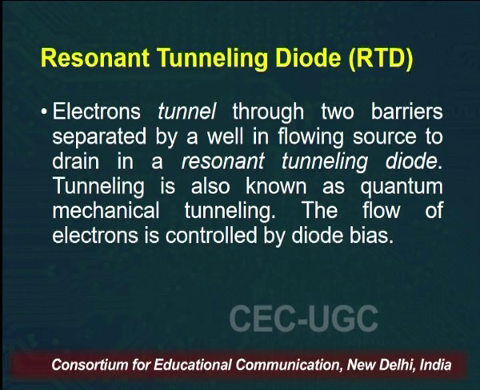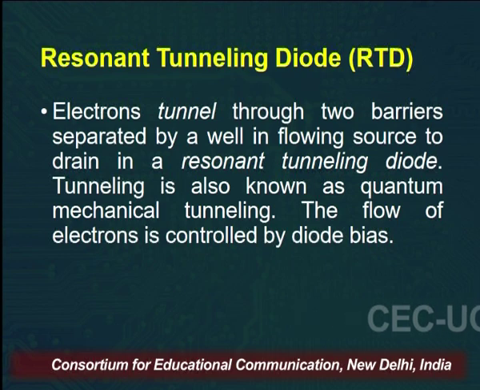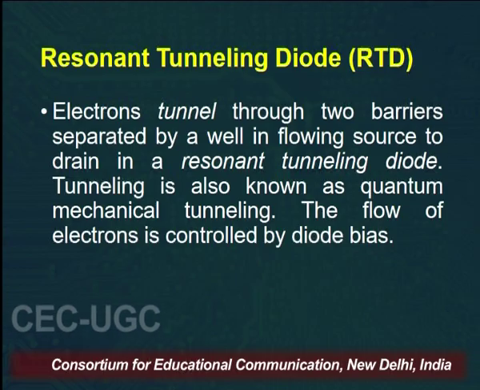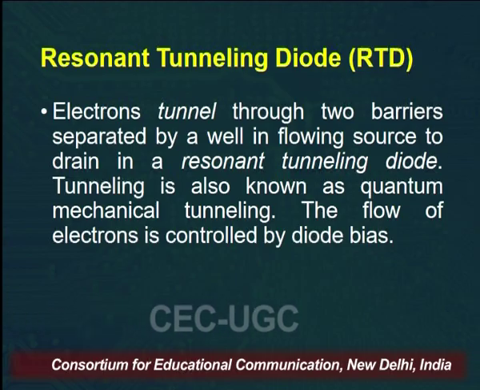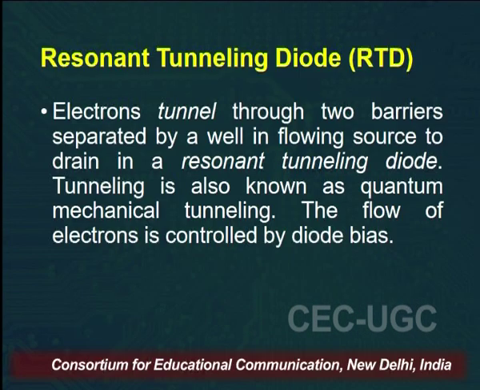Tunneling is also known as quantum mechanical tunneling. The flow of electrons is controlled by the diode bias. This matches the energy level of the electrons in the source to the quantized level in the well, so that the electrons can tunnel through the barrier.